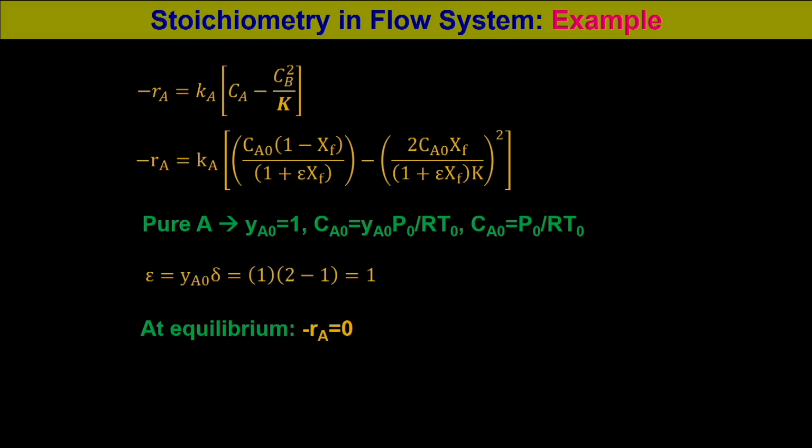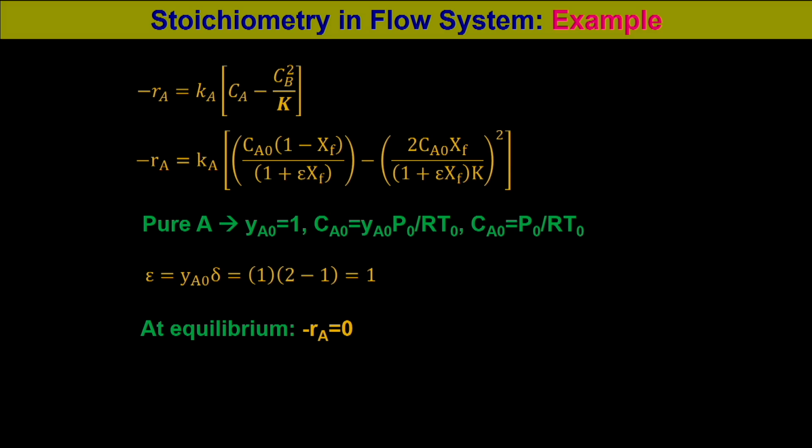For pure component A, we will have Ya naught equal to 1, and Ca naught would be Ya naught P naught by R T naught, so Ca naught would be P naught by R T naught.